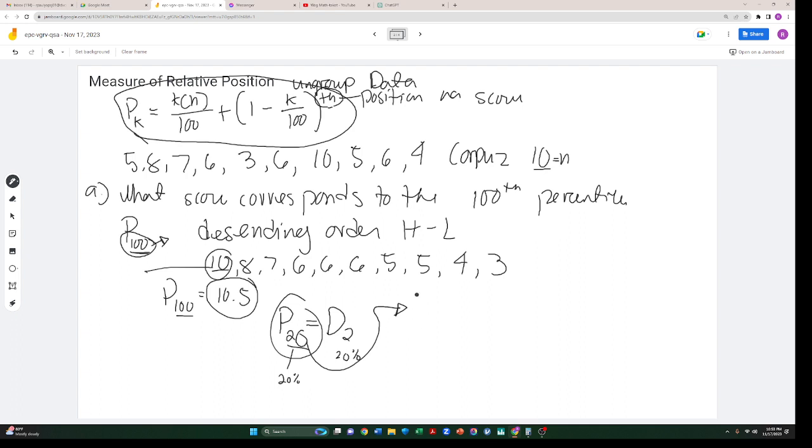So let's go. P20 is equal to K, which is 20, and N is 10, the 10 students.